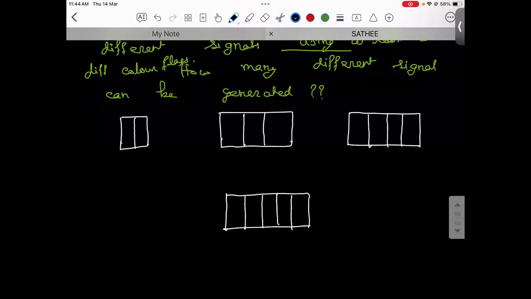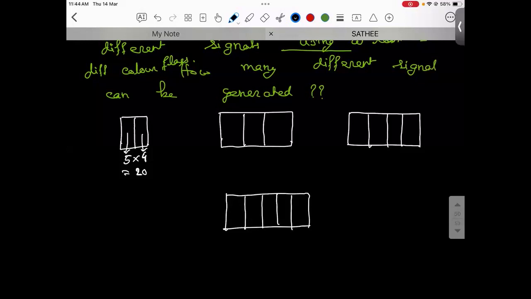Okay. Now for the first case, I know that 5 into 4, that is 20. Why 20? Because for the first place I have 5 choices, and for the second place I have 4 choices.